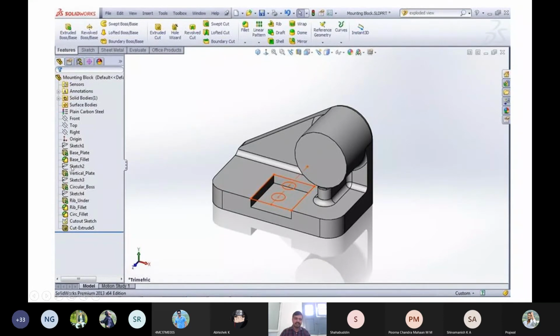On the left hand side you can see the structure, and if you click on any of these things you will get further details. This is also one of the applications of design tree. So you can see a feature command. If you click on that you will get a few more details, the details of sketch and further options you used to create that particular feature. This is one such example of application of design tree in modeling.